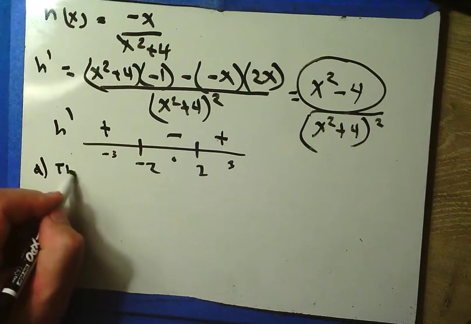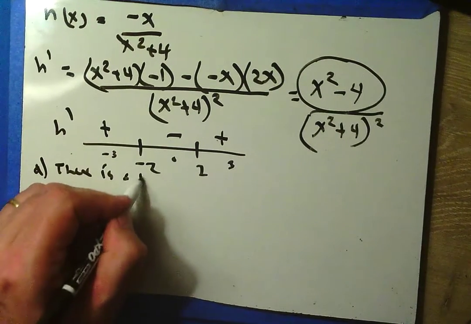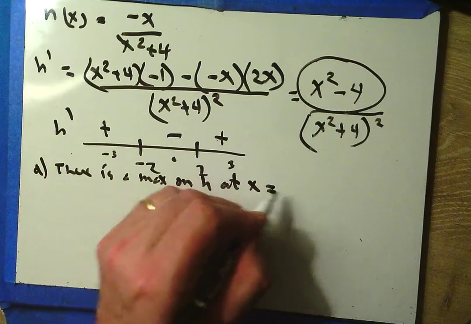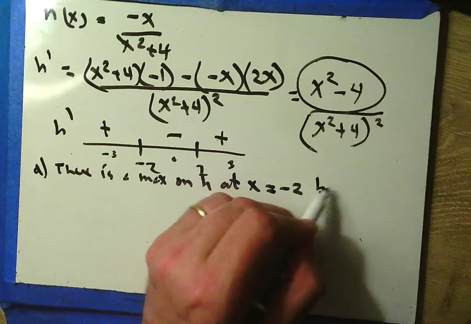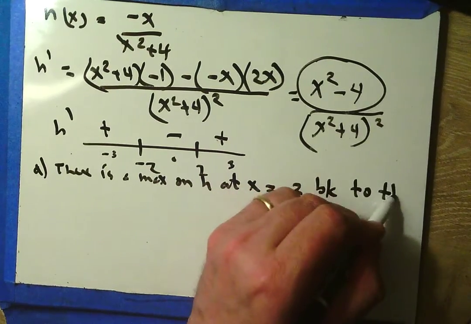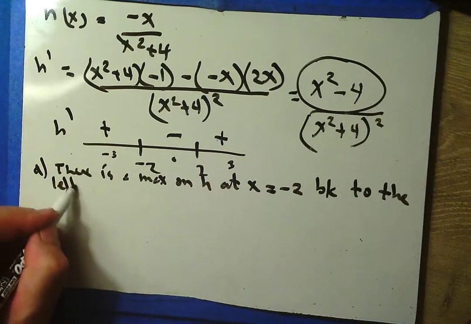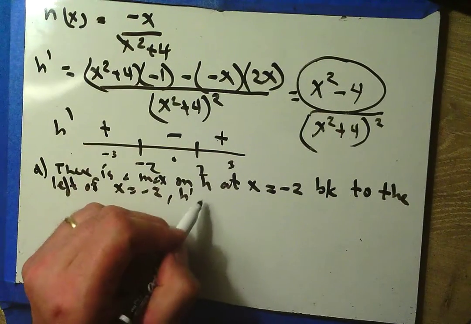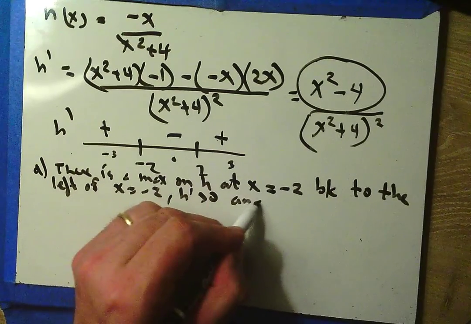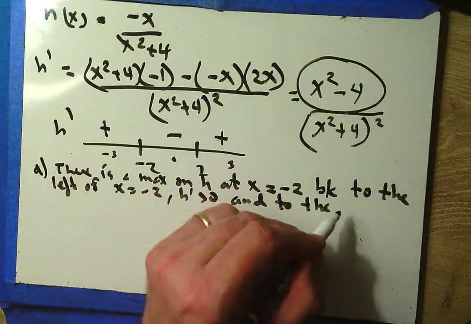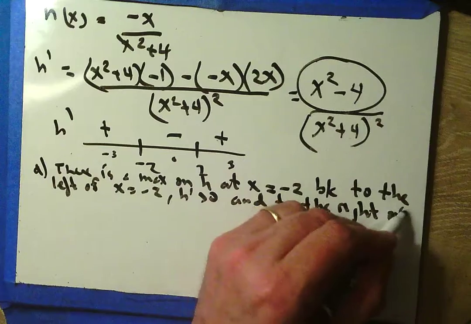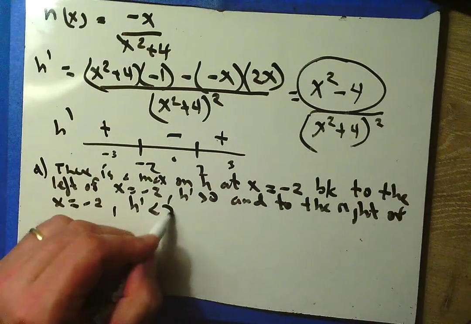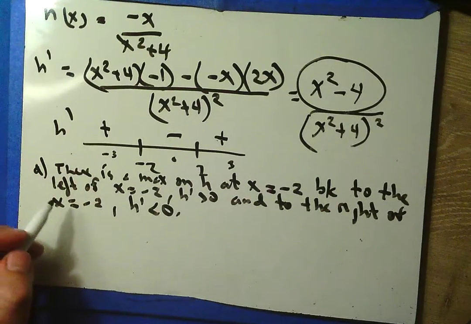Part A, there is a max on h at x equals negative 2, because to the left of x equals negative 2, h prime is greater than 0, and to the right of x equals negative 2, h prime is less than 0. And what else?